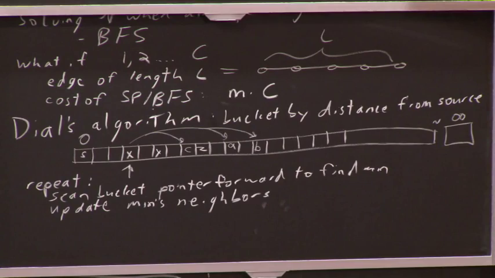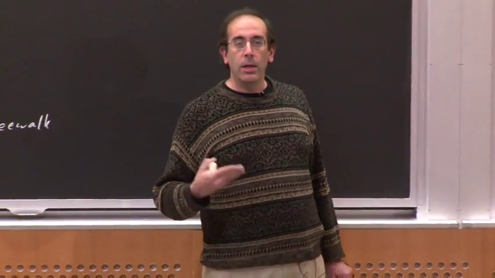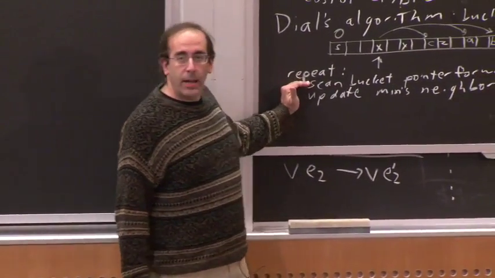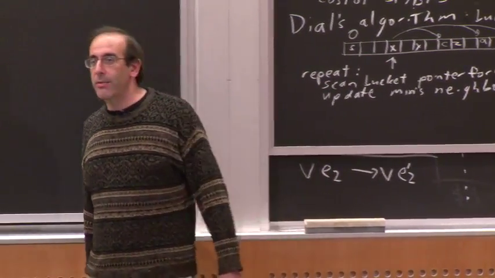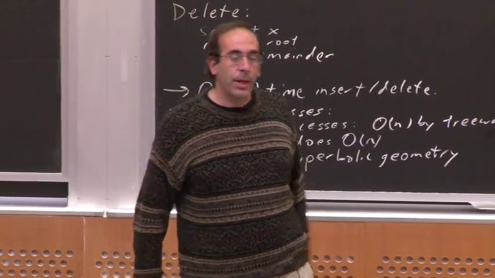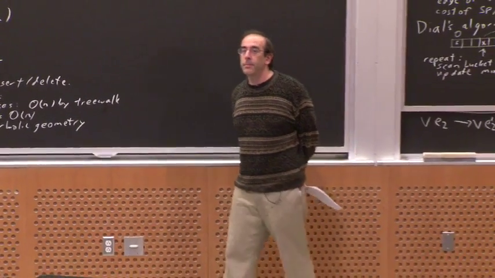Okay. And I've already broken it into two steps that it's kind of nice to look at separately. So we've got this scanning cost. What can we say about the cost of scanning over to do our delete mins as we're running Dijkstra's algorithm? Good.